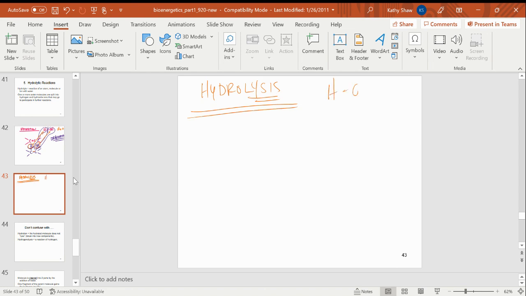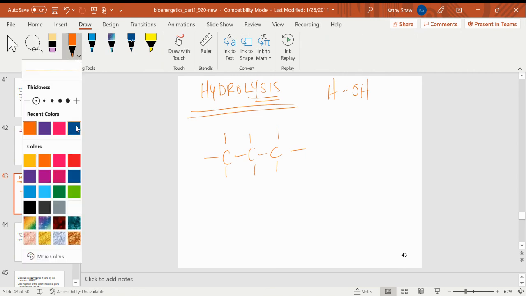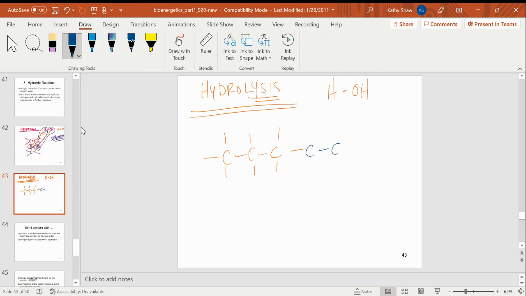So I've got my H and my OH, my water. I have another molecule, whatever it is. So what I'm going to do is this. I'm going to split it. Lysis is splitting.